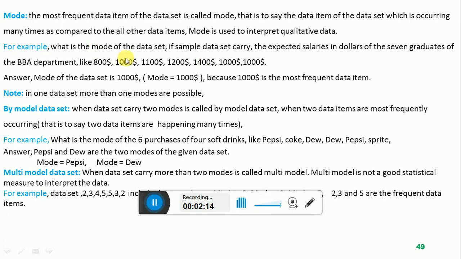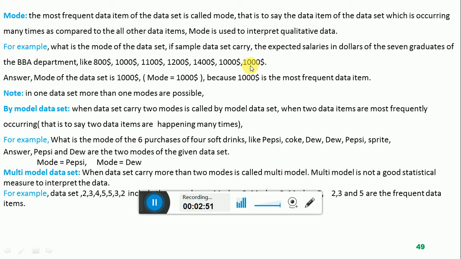Now as we defined, the most frequent data item of the data set is called the mode. So here, the most frequent data item of this given data set is $1,000. You can see from this data set that $1,000 is happening 3 times. All other expectations are happening 1 time, but only $1,000 is happening 3 times.